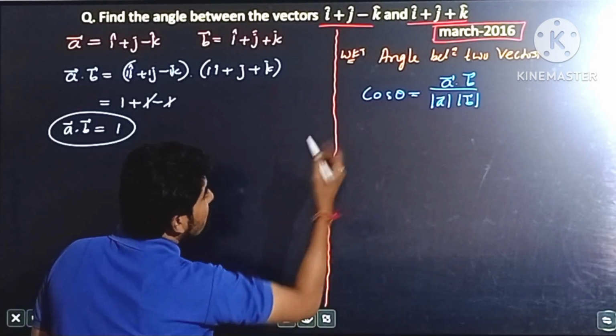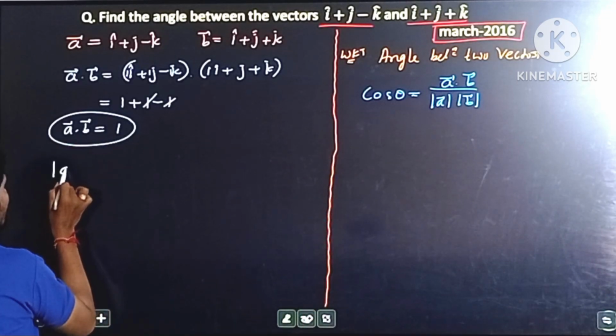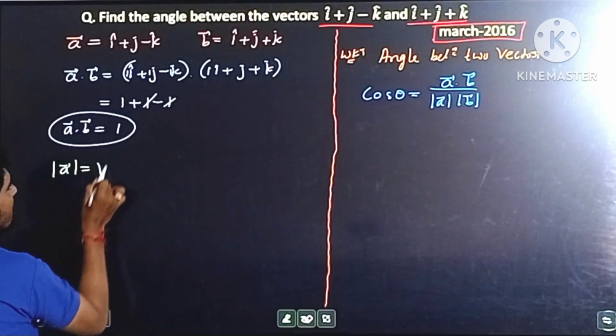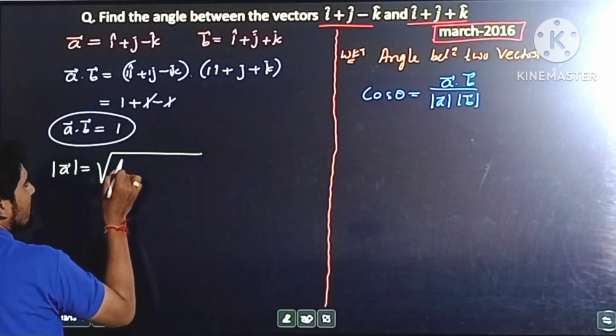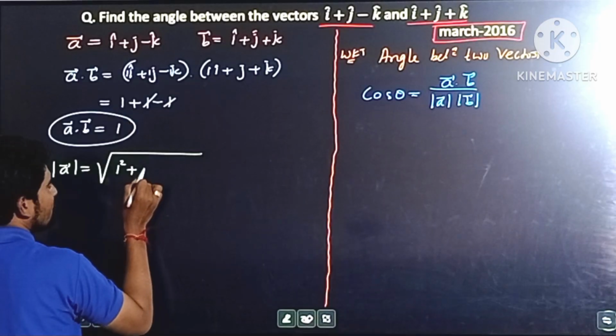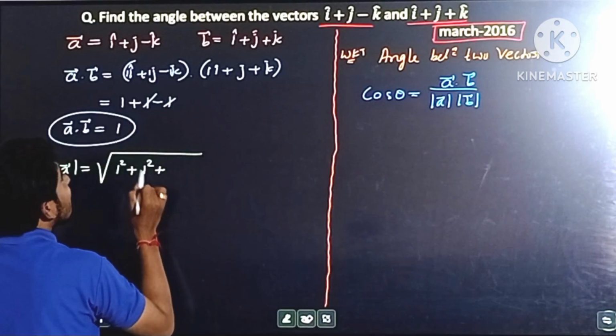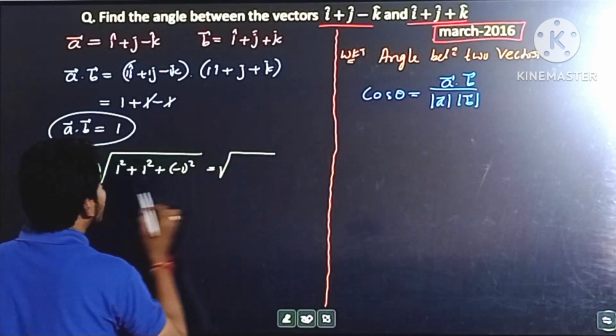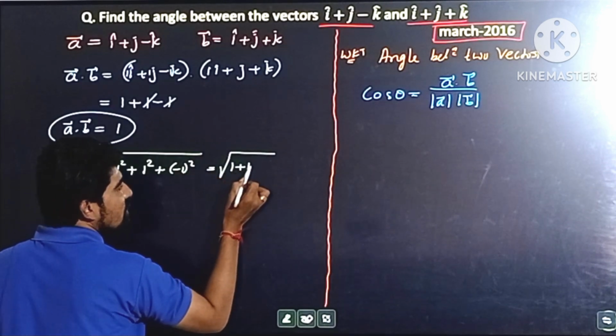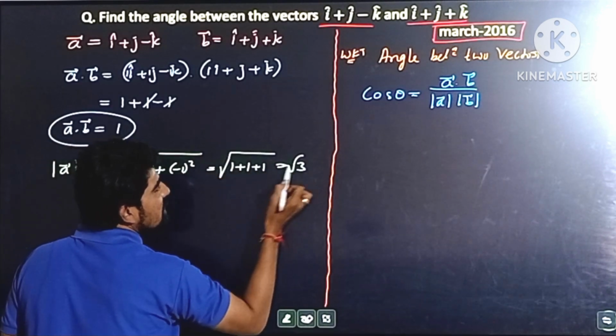And then we need the magnitude of A vector. So magnitude of A vector is equal to the square root of the i coefficient 1 square, plus similarly the j coefficient 1 square, plus the k coefficient minus 1 square, which is equal to the square root of 1 plus 1 plus 1. Answer is root 3.